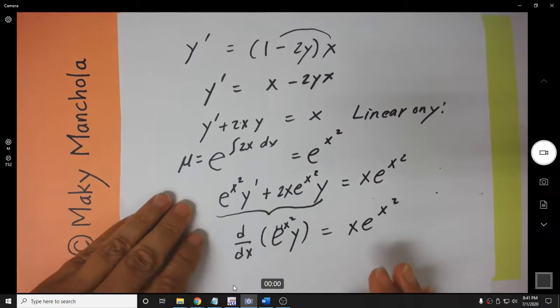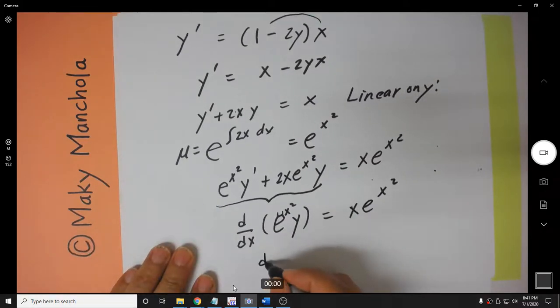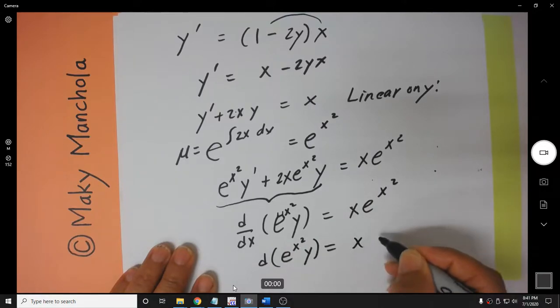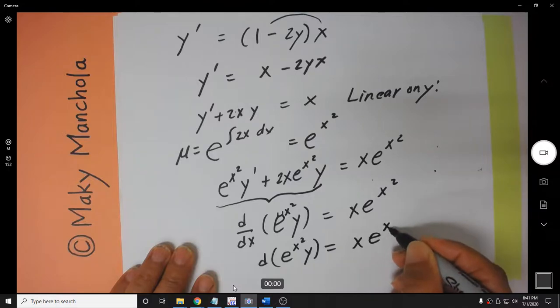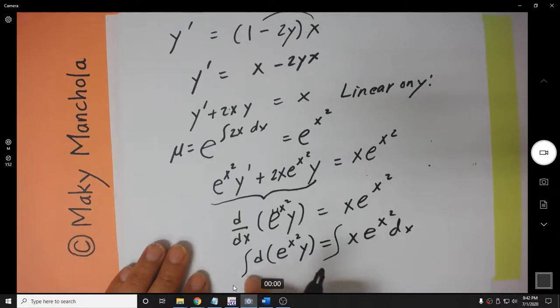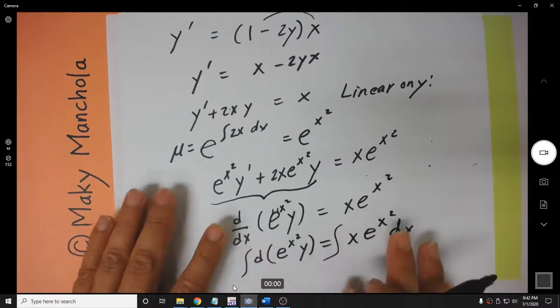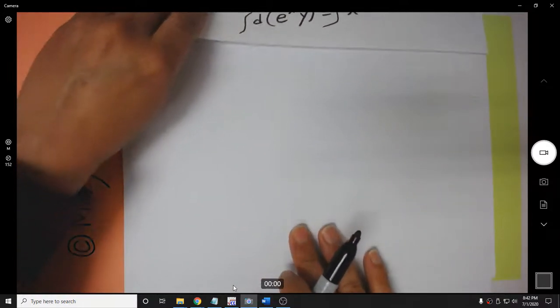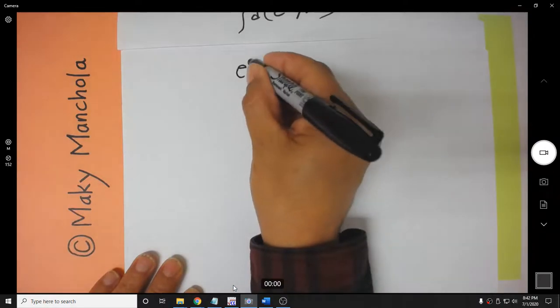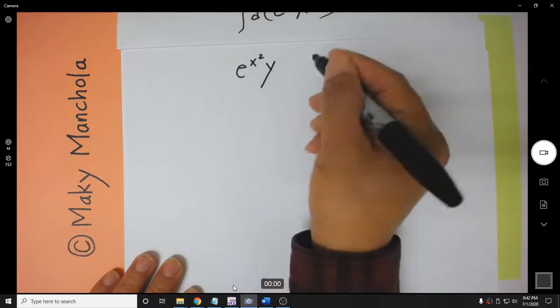So we obtain d of e to the x squared y equals x e to the x squared dx. We separated the variable, so now it's time to integrate both sides. When we integrate the left-hand side, we simply get e to the x squared y.